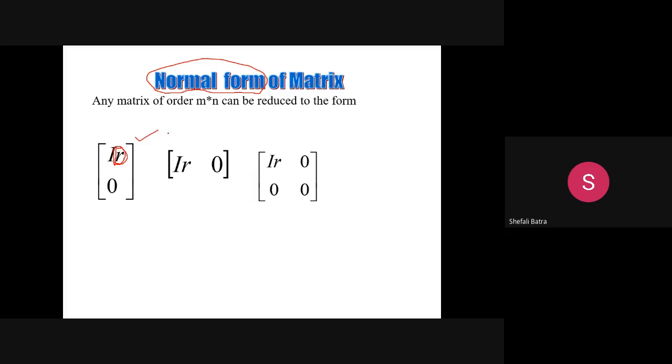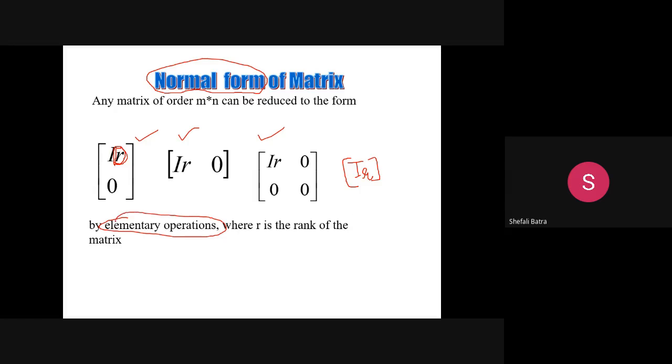So this form, or this form, all are normal forms. If you have a 3 cross 3 matrix and you are trying to reduce it into the identity matrix of order 3, you can write it like this also. So you need to convert the given matrix into either of these forms using elementary operations.